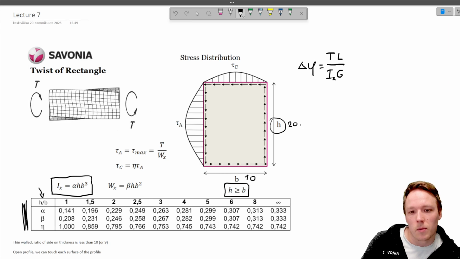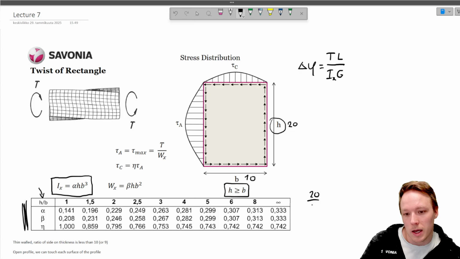In this example, when we have, for example, 20 millimeters height and width of 10, the ratio h divided by b will be 20 divided by 10, which equals 2.